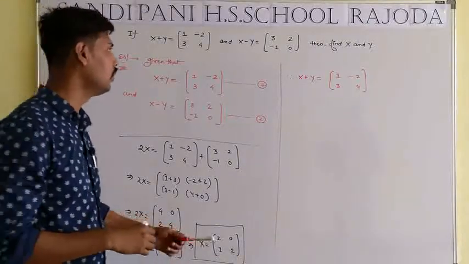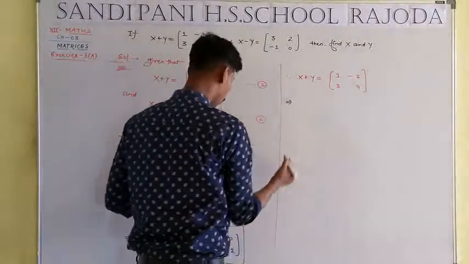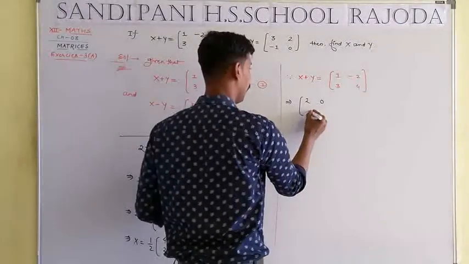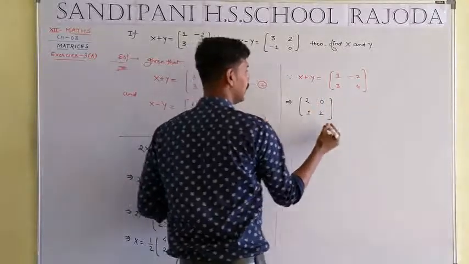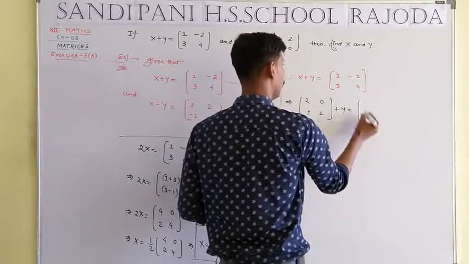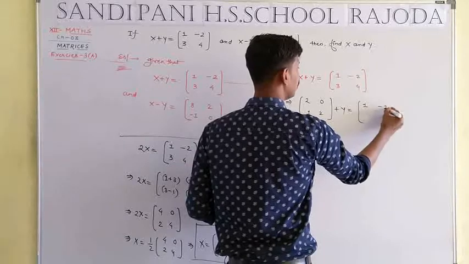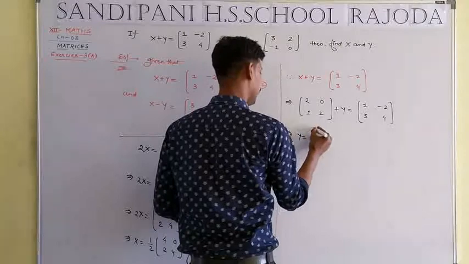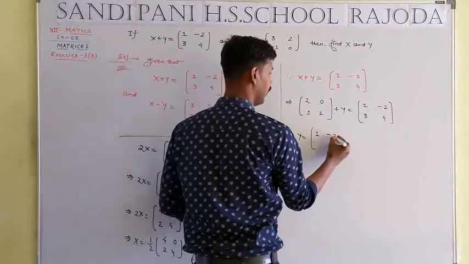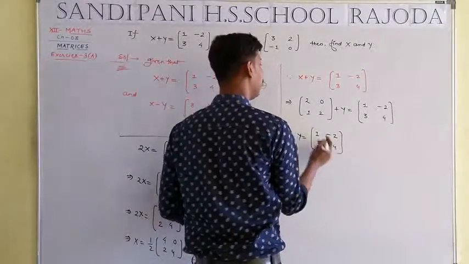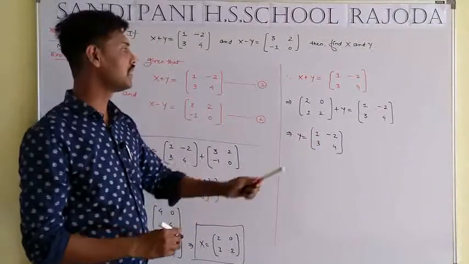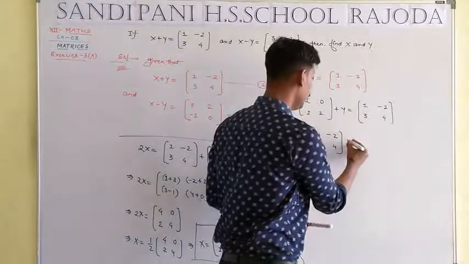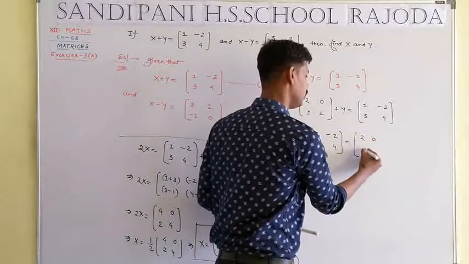Put the value of x, which is 2 0 1 2, plus y equal to 1 minus 2 3 and 4. y will be equal to 1 minus 2 3 4, and the matrix consisting of the positive sign as a coefficient converts into negative 2 0 1 2.